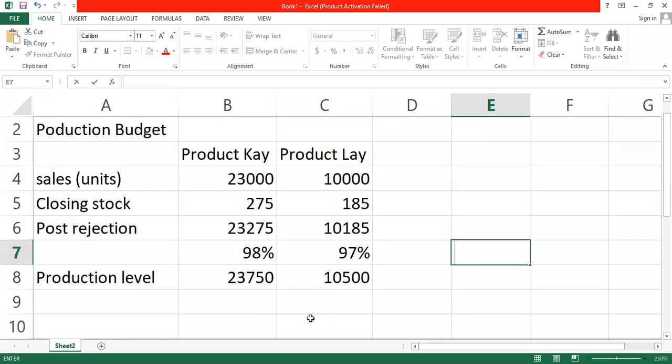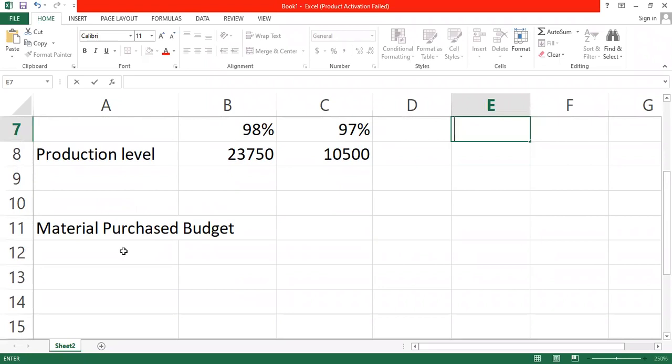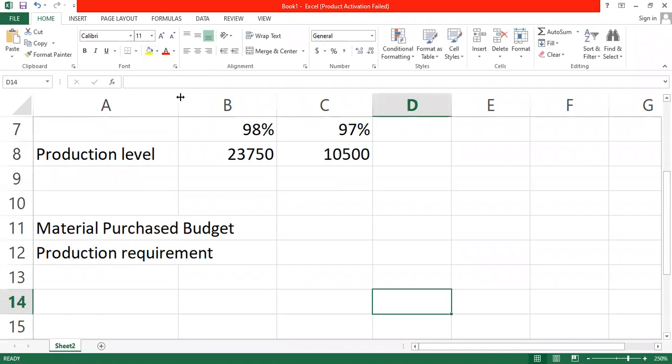Yes, please. So let's come to the material purchase budget. For the material purchase budget, you have to know the total unit you want to produce before we can know the quantity of material that we have to buy, isn't it? If you want to buy, you have to know the total quantity of the goods that you are going to produce.